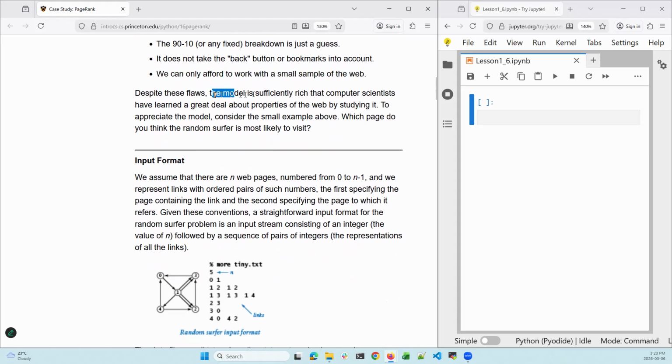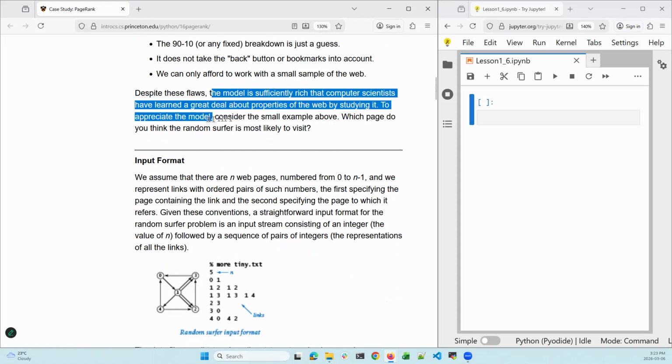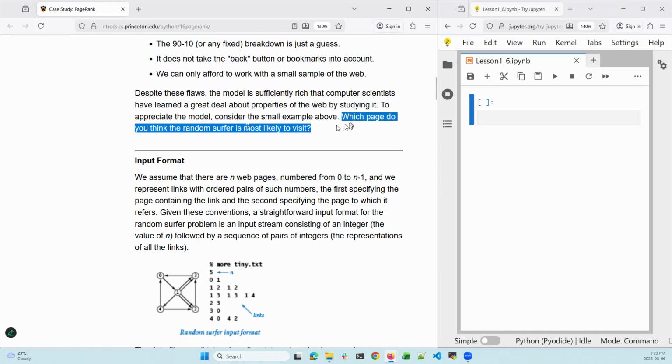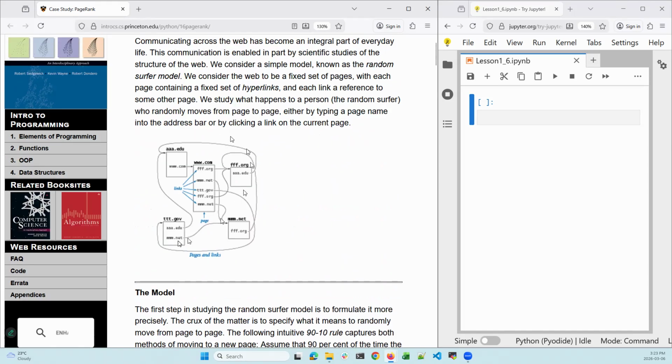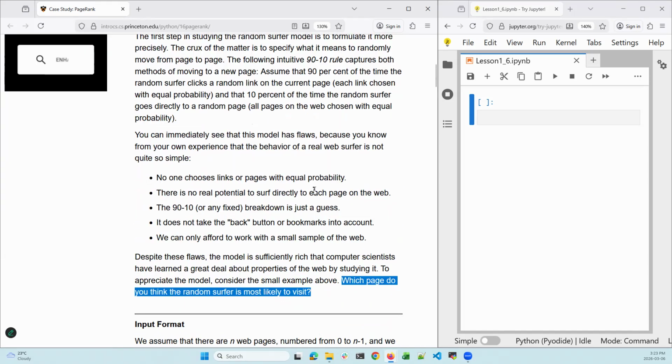Despite these flaws, the model is sufficiently rich that computer scientists have learned a great deal about properties of the web by studying it. To appreciate the model, consider the small example above. Which page do you think the random surfer is most likely to visit? Here we go. That's the model.